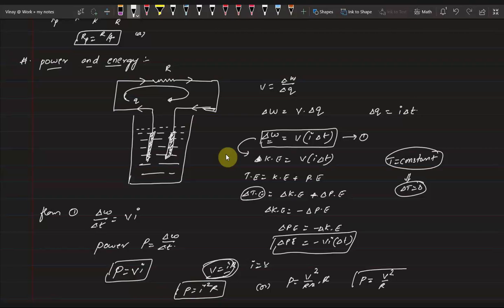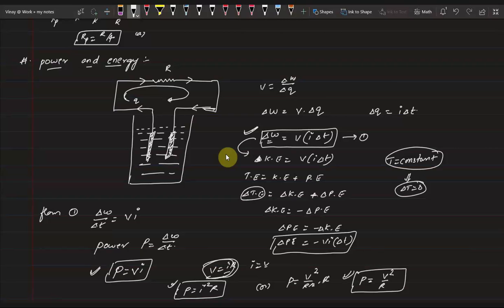Now please remember, you need not consider all the concepts, just the formulas, because from the PU examination point of view, derivations are not asked. Just try to understand what power is and what the formula for power is. So P equal to V into I, P is equal to I square R, and P is equal to V square by R. These are the important formulas you should remember.